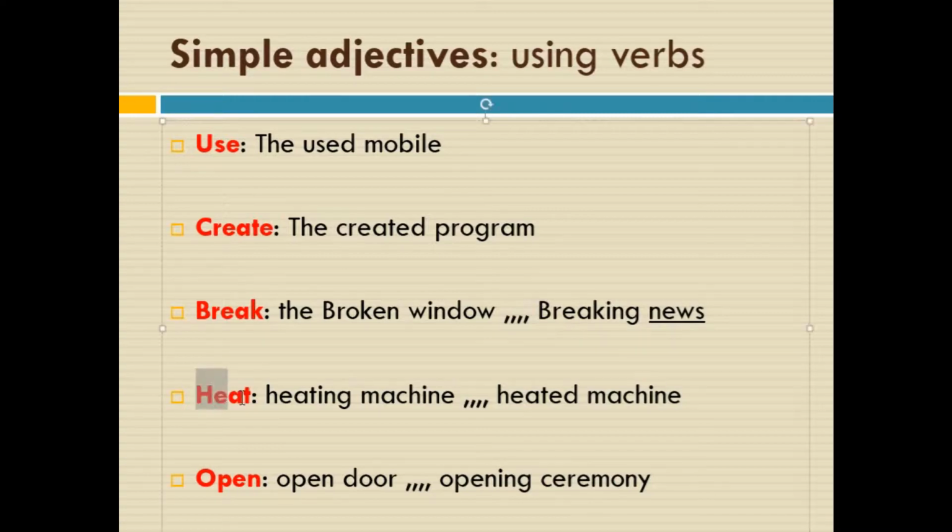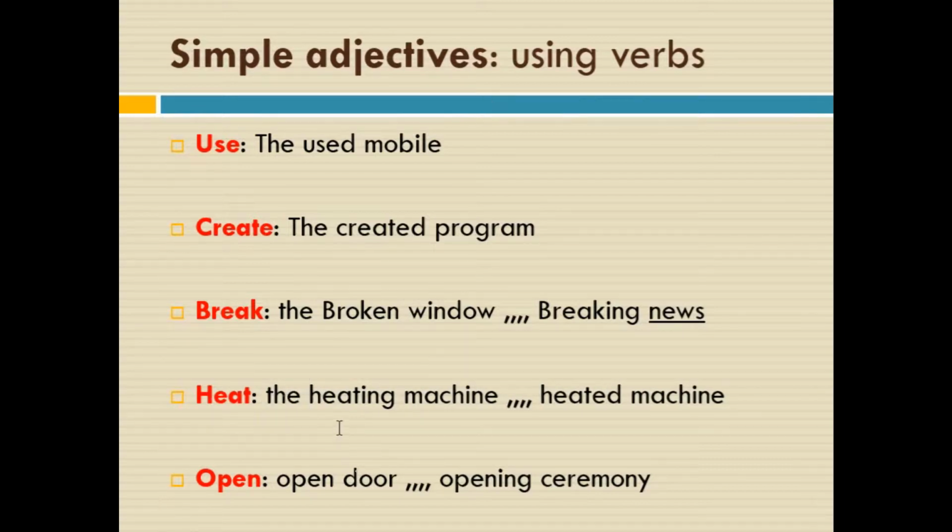What about heat, right? Heat, when you add ing to it, you say the heating machine, right? When you say the heating machine, it means you have a machine because you have ing. This is a subject. So the doer, so the machine heats things because it's called a heating machine. But when we say the heated machine, then the machine is the object.